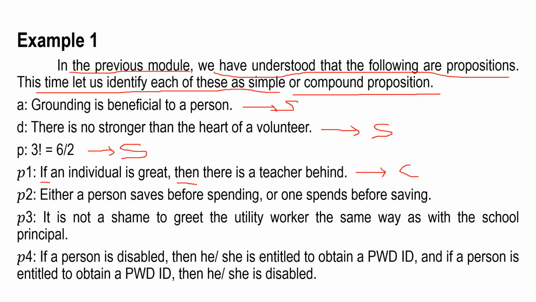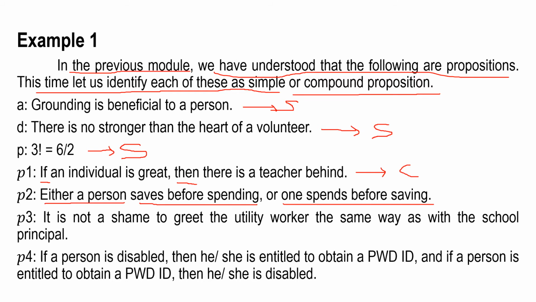Now, for the proposition under P sub 2: either a person saves before spending or one spends before saving. Again, let's assess if there are logical connectors used on this proposition under P sub 2.